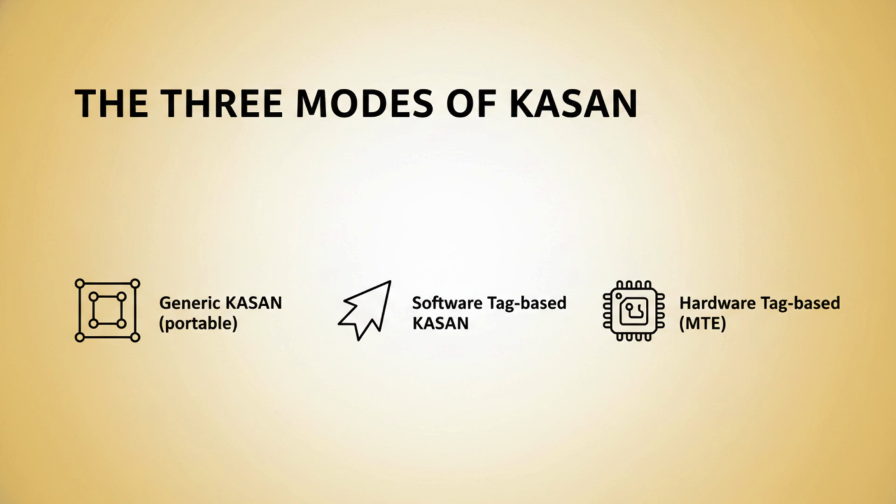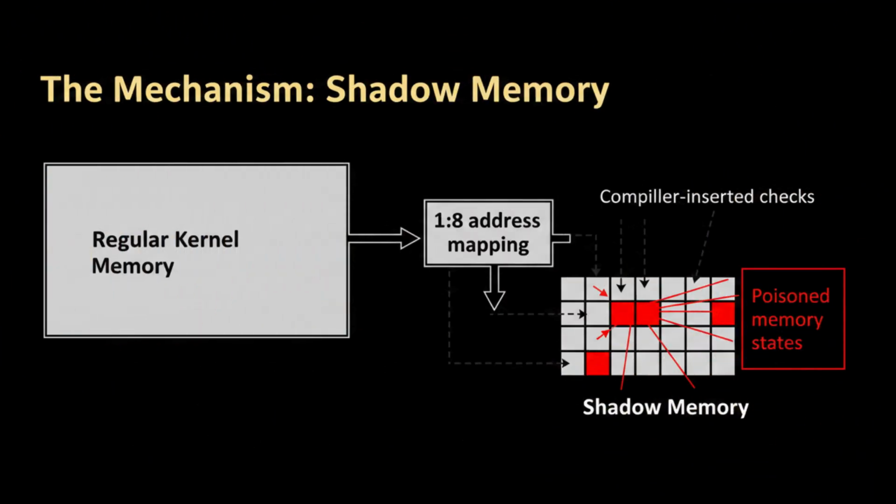Finally, hardware tag-based KASAN leverages specialized hardware like ARM memory tagging extension for even lower overhead. Choosing the right mode is crucial for your testing environment. For most debugging tasks on x86-64, generic KASAN is the standard choice, while tag-based modes are gaining traction in mobile and specialized edge infrastructure.